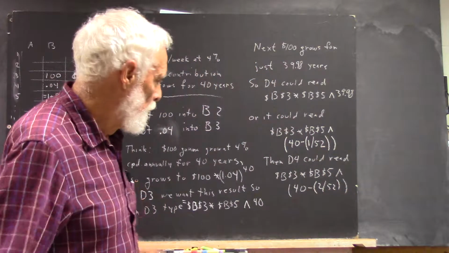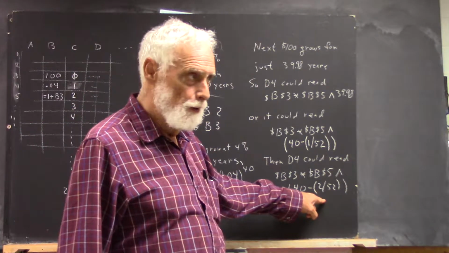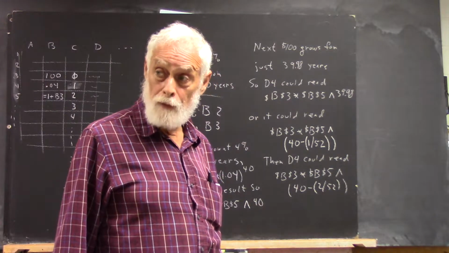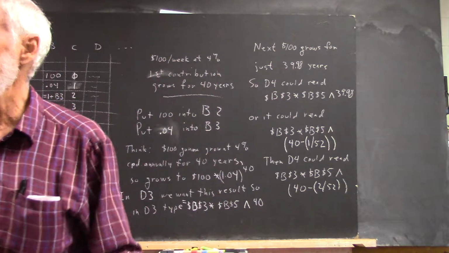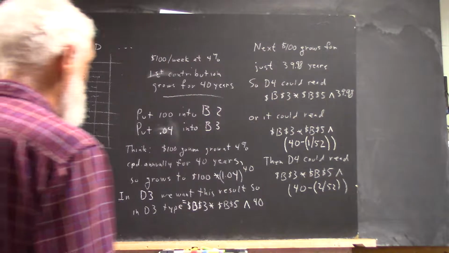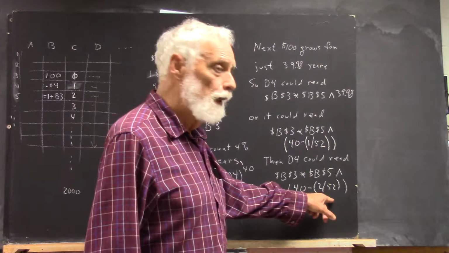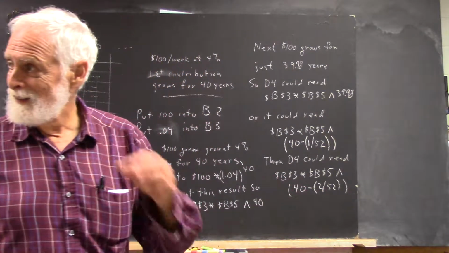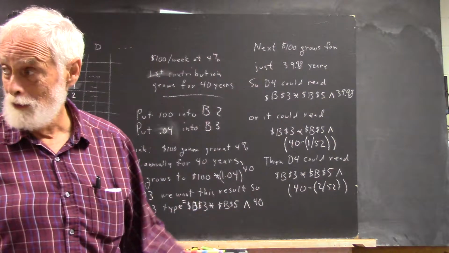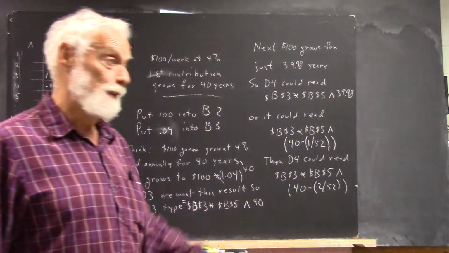There's no advantage at all to simplifying that. Excel will deal with this just as well as we deal with 1 over 26, right? Okay? You could do that. But you'd still have to type this fraction in every time for over 2,000 cells, 2,040 cells, right? 2,080 cells.